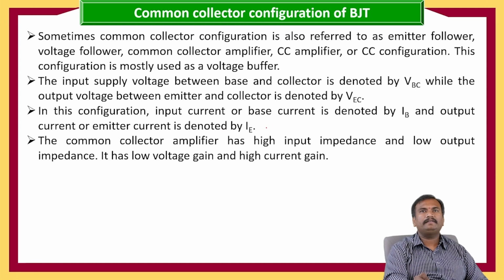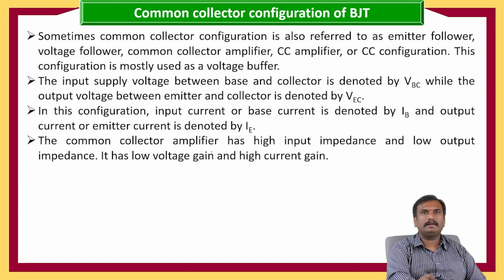As we have given the currents in the common emitter and common base configurations, in the same way we give the current directions based on the circuit connection: the base current, emitter current, and collector current.